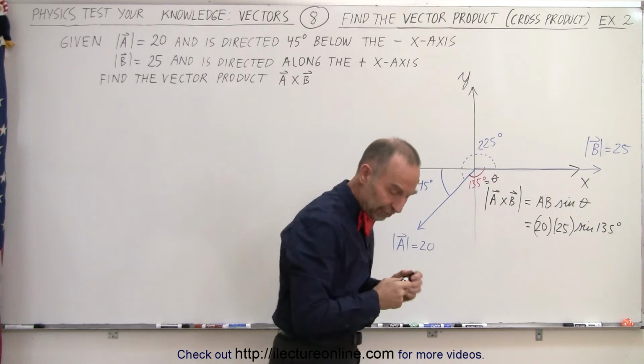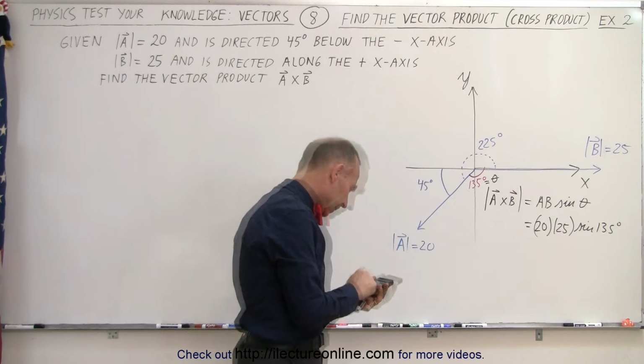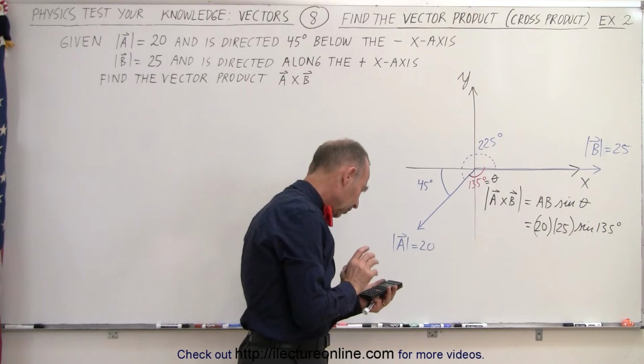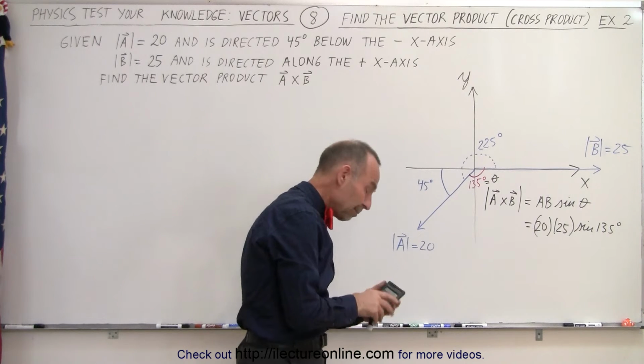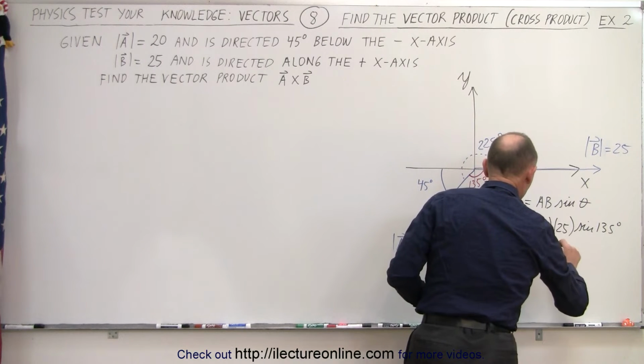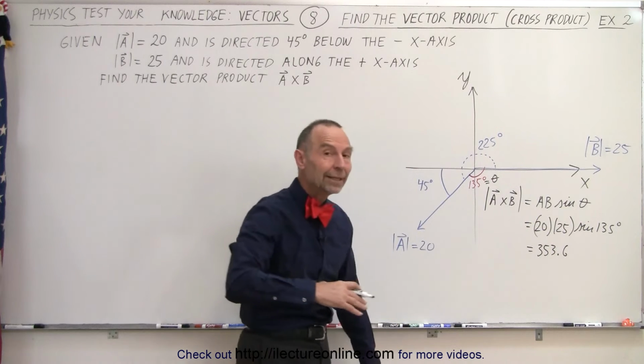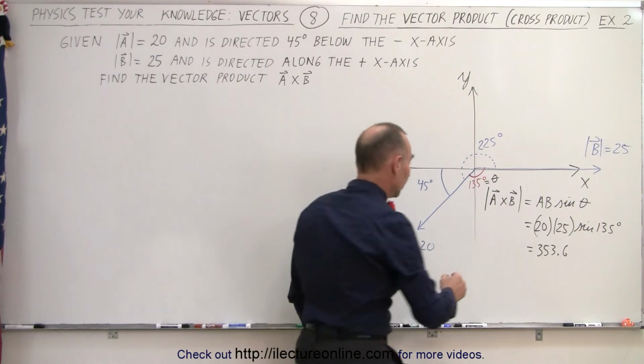All right, that would be 500 times the sine of 135, and that gives us 353.6.